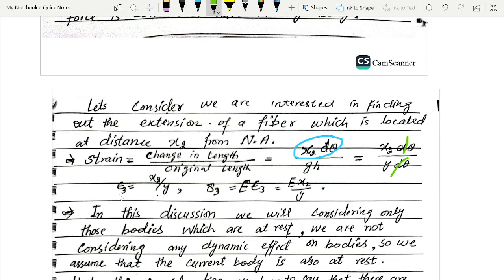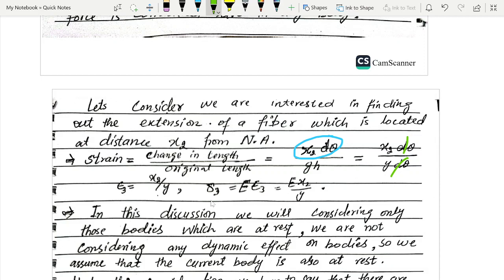So the strain on phase 3, in the direction 3, is x2 divided by y. So this is strain. Stress is equal to E times strain, where E is the modulus of elasticity.